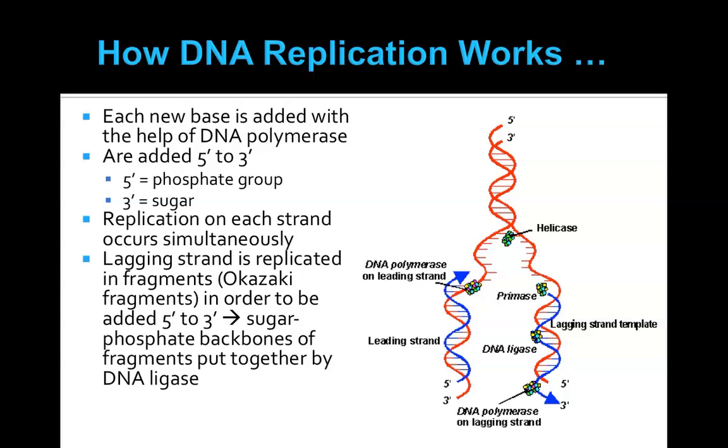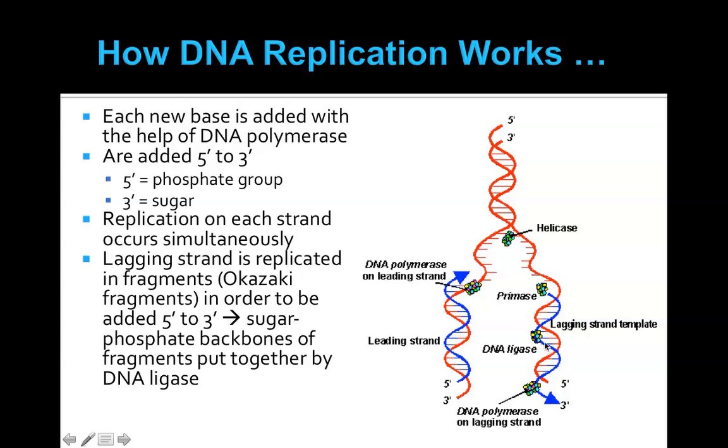No problems. Your lagging strand, unfortunately, runs the wrong direction. It goes from 5' down here to 3' up here. So we're going to need to use primase to make little RNA primers, just like we did over here, and then DNA polymerase is going to work this direction to make a little strand called an Okazaki fragment.